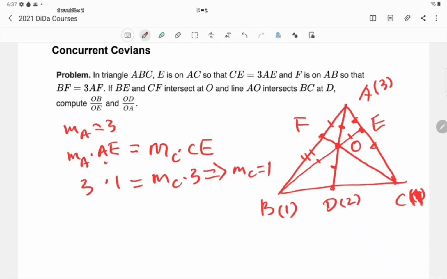Now, with D's mass known, what ratio can I get right away?